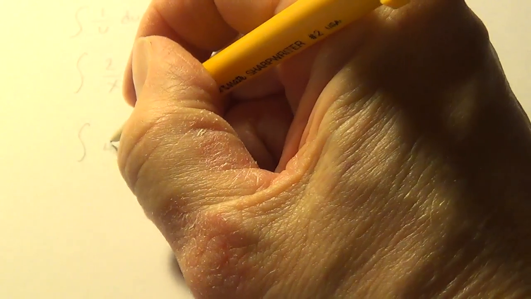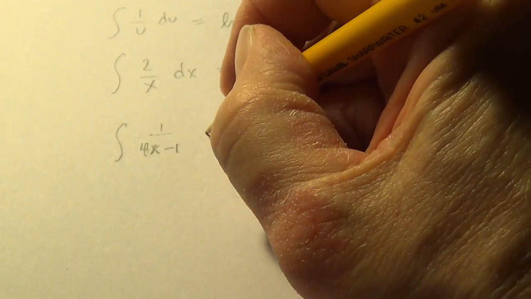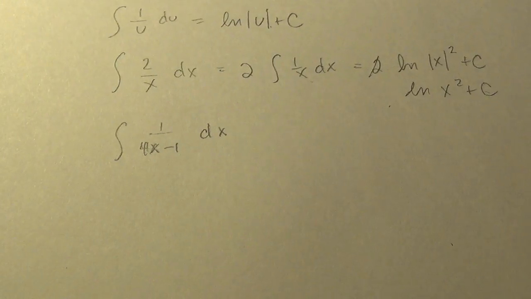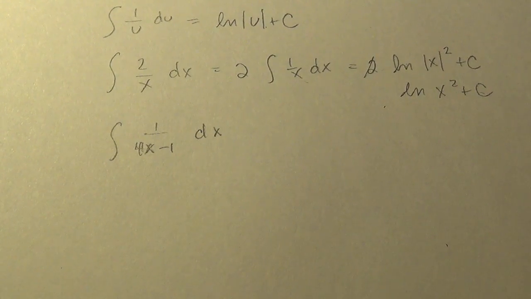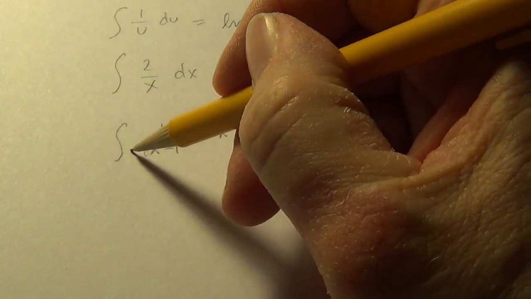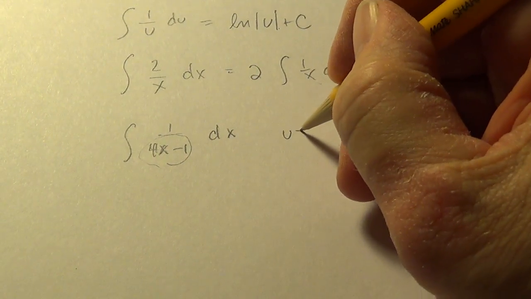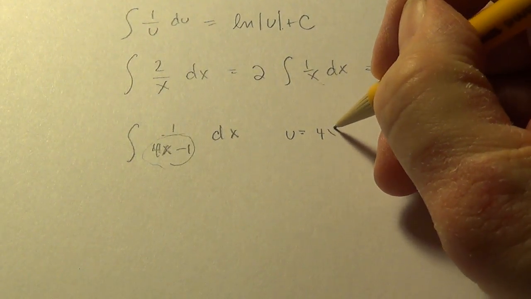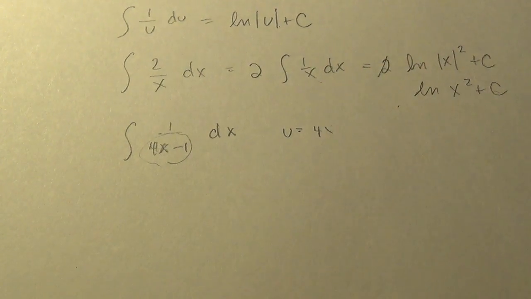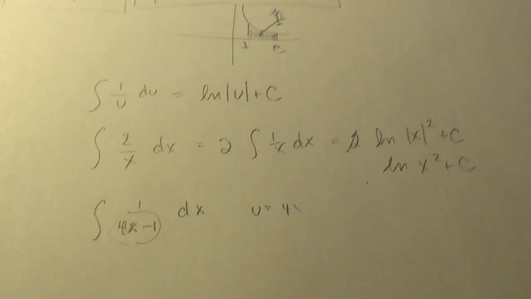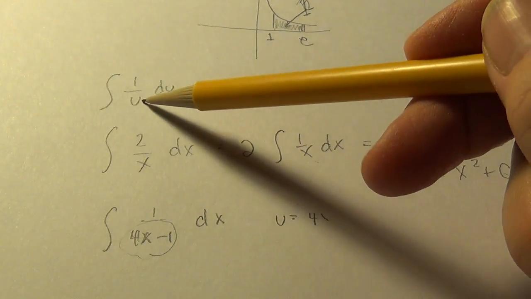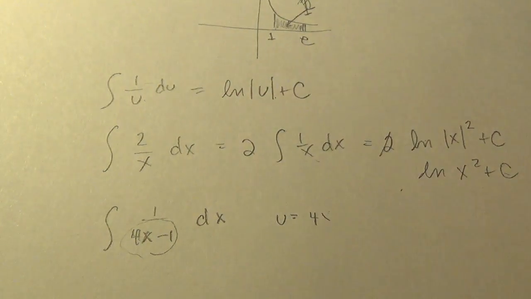What about the integral of 1 over 4x minus 1 dx? At this point, we have an expression under here, so I'm going to try a u substitution. When I look at the formula, I want a u on the bottom and a du on the top.